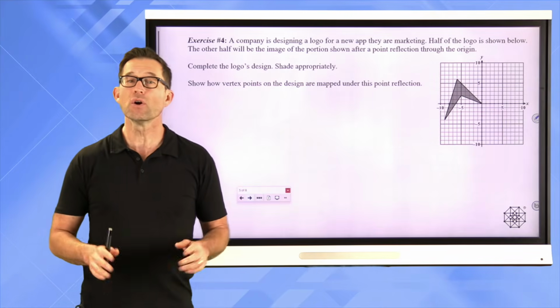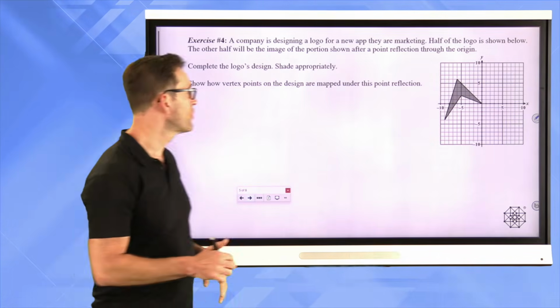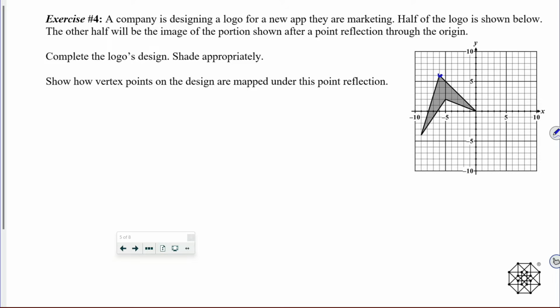All right, so let's do a few of these together. For instance, if I took this point, right, that's at -6, +6. Maybe that wasn't the best point to start with, but -6, +6, right, if I change the sign on both of these, it will become 6, -6. So it's going to end up being down here.